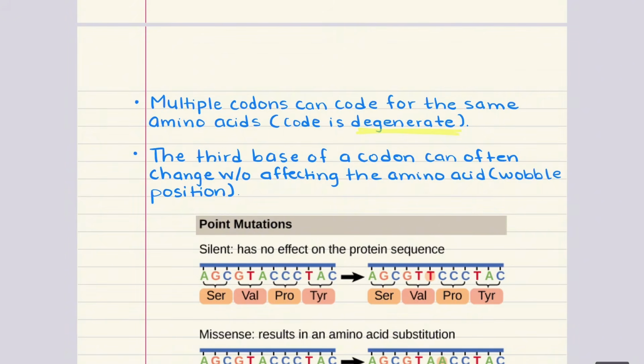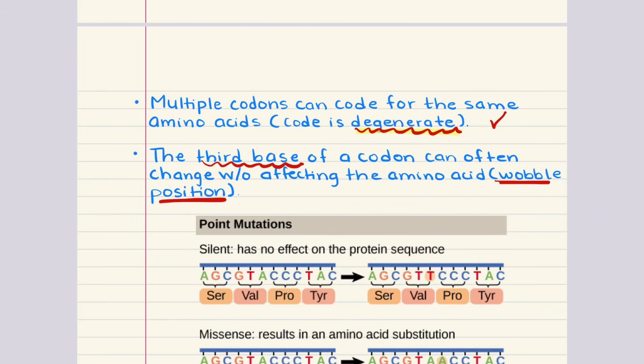So if a change occurs in the sequence, it actually might still produce the same amino acid and the protein would remain unchanged. A big part of this protection comes from something called the wobble position. The wobble position refers to the 3rd base of a codon, and this base is more flexible than the first 2.